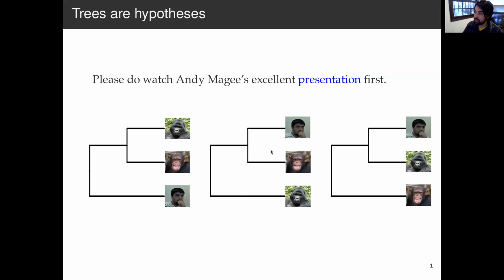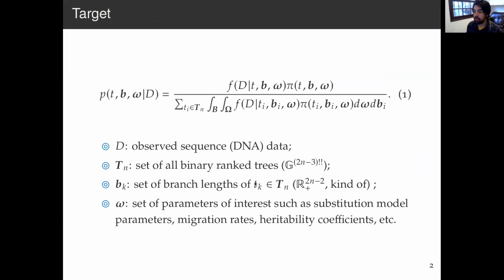So this is a way of telling an evolutionary story in real time, right? And this is sort of what we are interested in doing in phylogenetics.